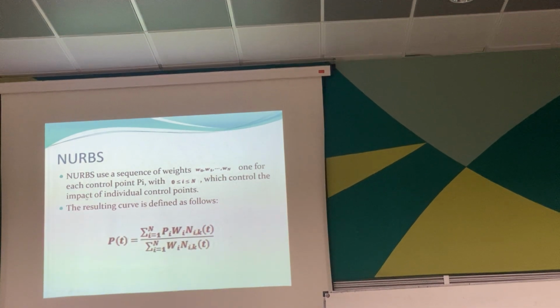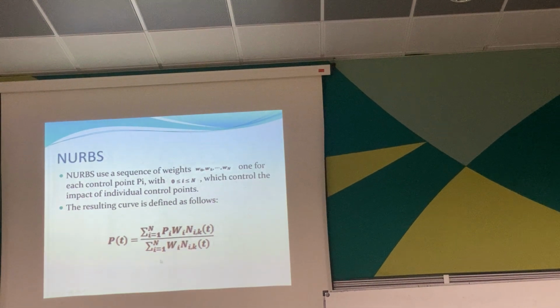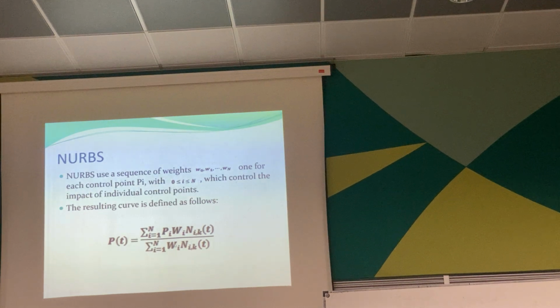So you have your polynomial 1 divided by another polynomial 2, and you add in the weight. This is called NURBS.